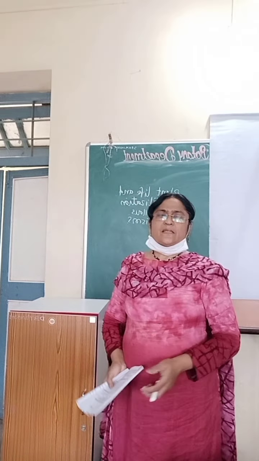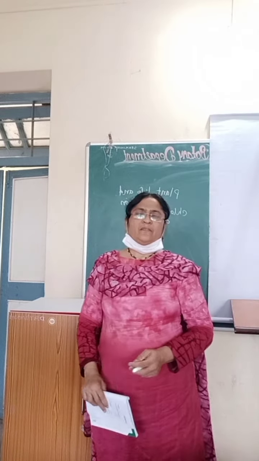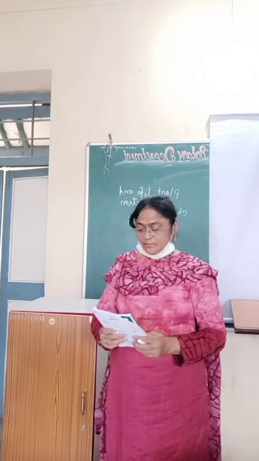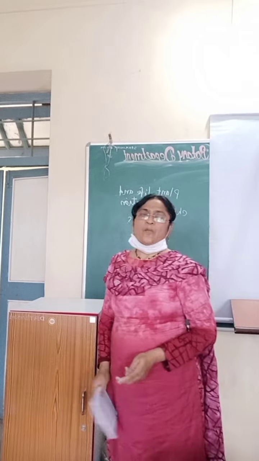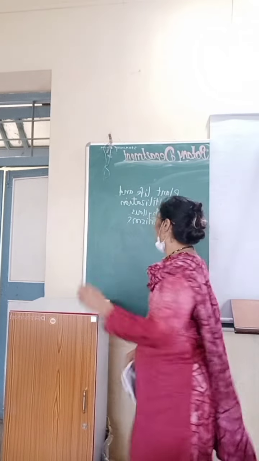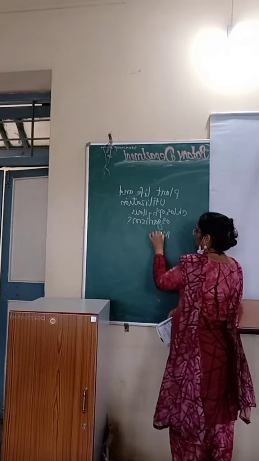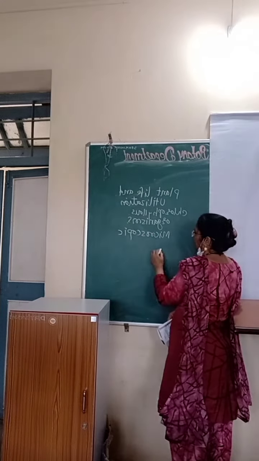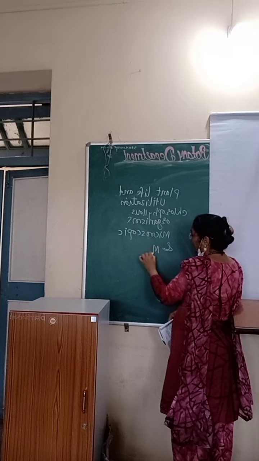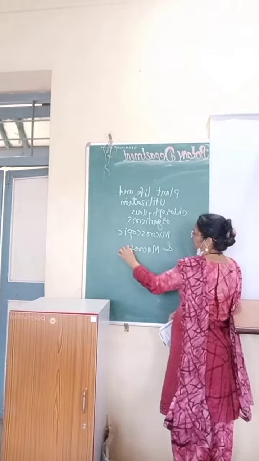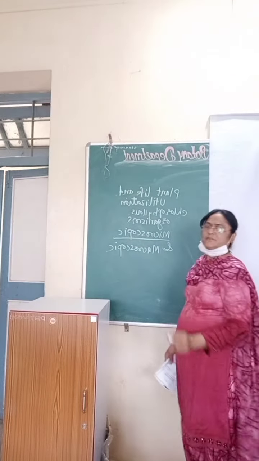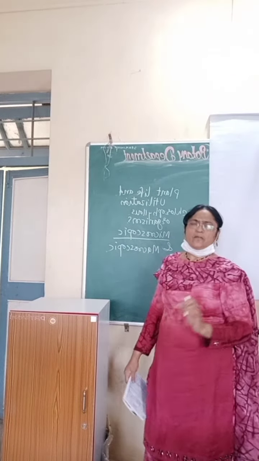This plant will have a cellulosic cell wall. The plant body will be either microscopic or macroscopic. Microscopic means they are very small.